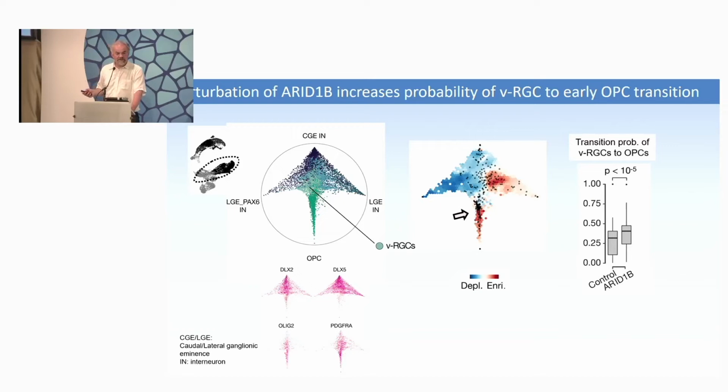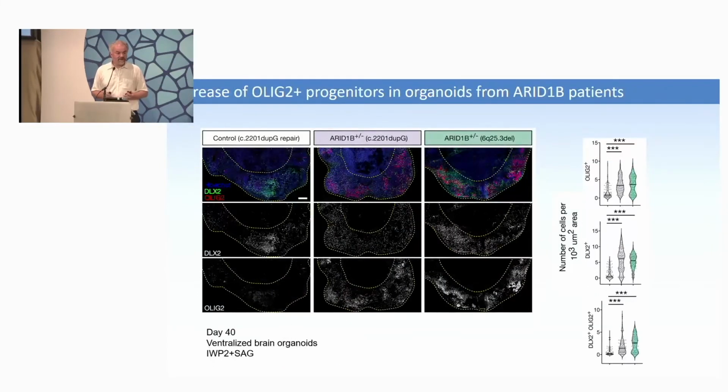But what we wanted to know is, does this conclusion actually hold true when we analyze data coming from real patients? So we recruited a cohort of patients who carry mutations in the ARID1B gene. We generate iPS cells, and we use those iPS cells to generate organoids. And the outcome of this is shown here. This is a ventral region of ARID1B mutant organoids.